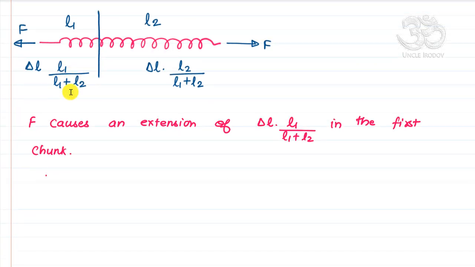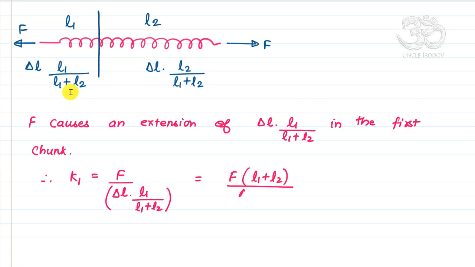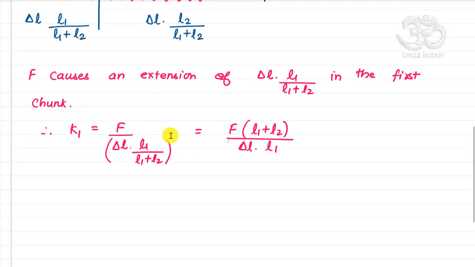So therefore the spring constant of the first part will be F by the extension in the first part, and that's delta L times L1 by L1 plus L2, and you will be getting something like F times L1 plus L2 divided by delta L times L1. Not a big deal. And the same kind of equation for the second part.